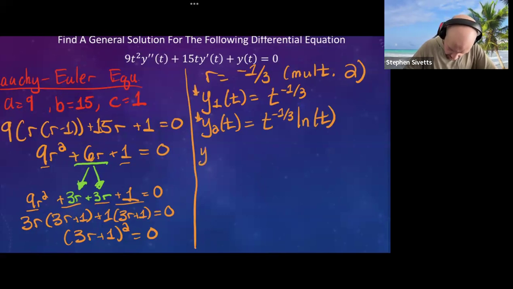And so the general solution is C1 t to the minus 1/3 plus C2 t to the minus 1/3 times the natural log of t.